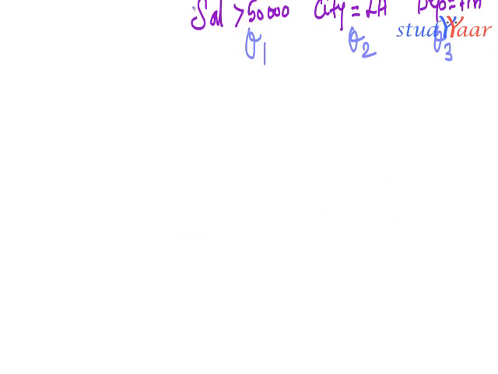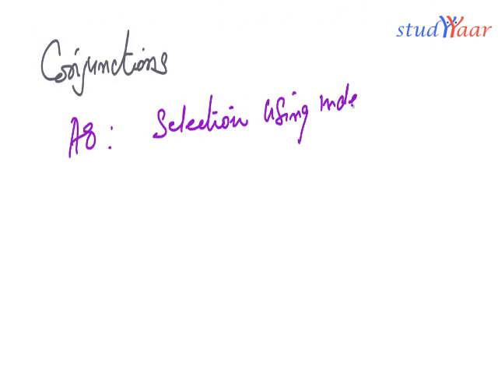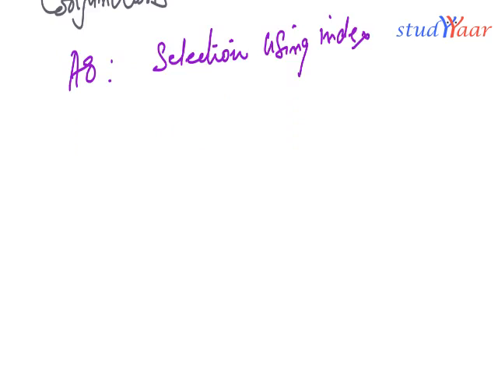I'll write over here conjunctions, and we'll begin with algorithms for conjunctions. My first algorithm is A8. A8 is selection using one index. So how do we proceed over here?